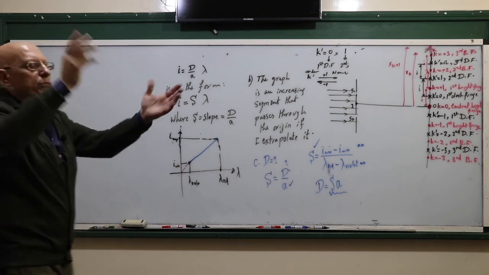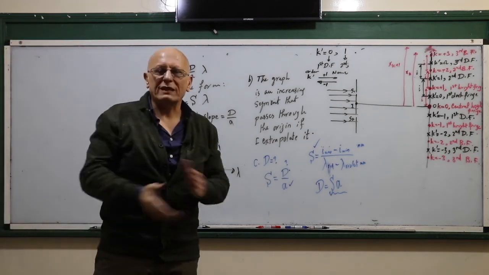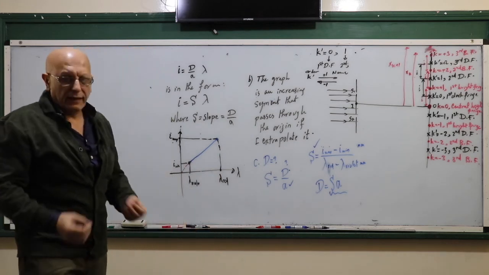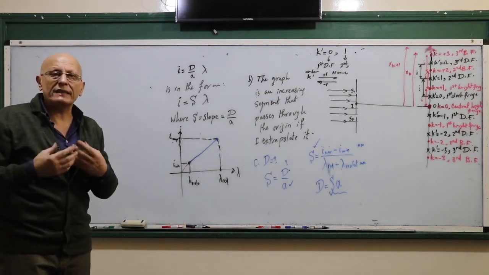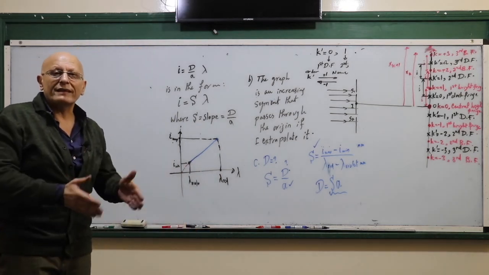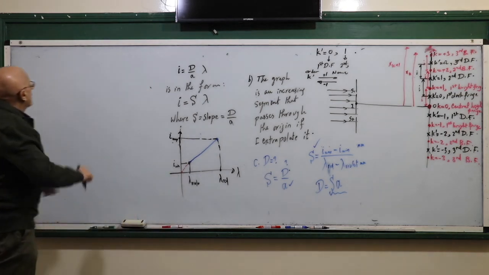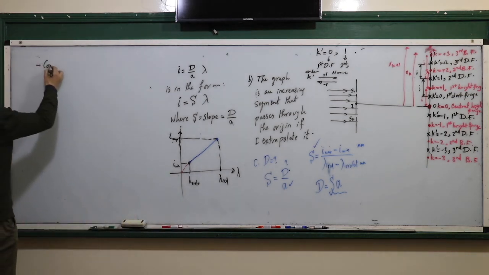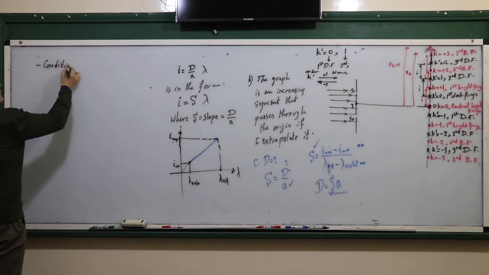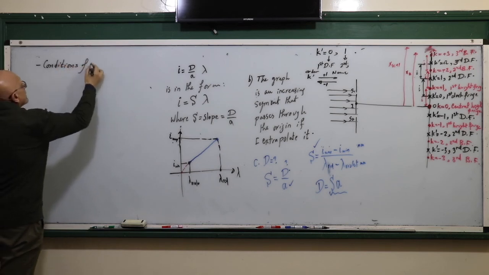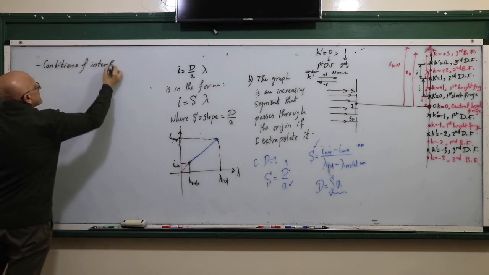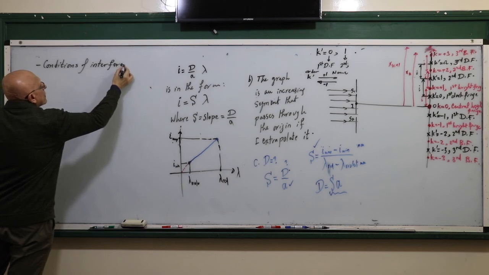Here you have superposition of beams, but no interference. The interference is manifested by the alternating bright and dark fringes. So there are conditions of interference. Okay, you have two conditions.